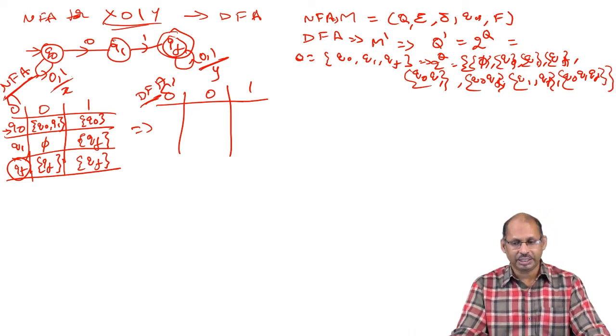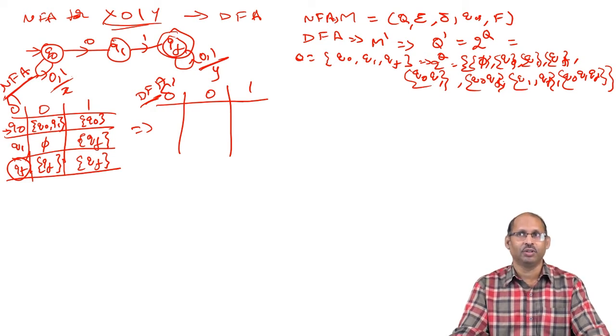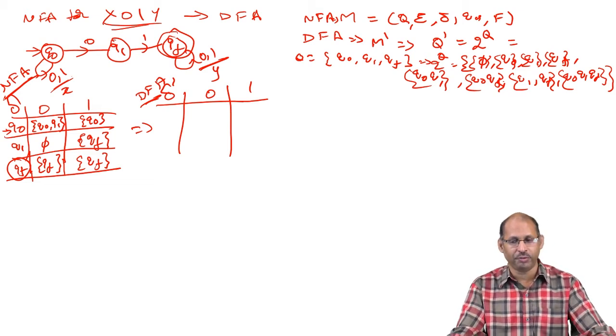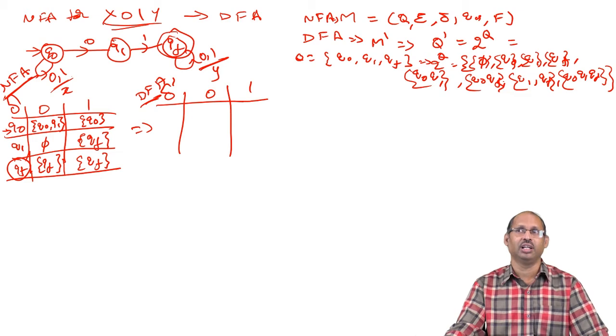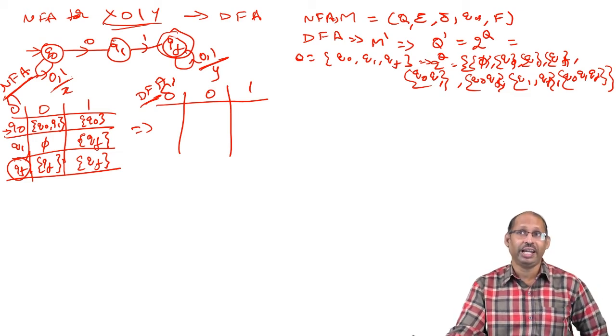Here, how many states are there? There are 3 states in the NFA, so 2 power 3, that is 8 states, will be in the DFA. Finding the transitions for these 8 states on alphabet 0 and 1 is a lengthy process.